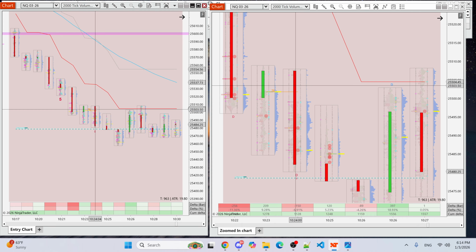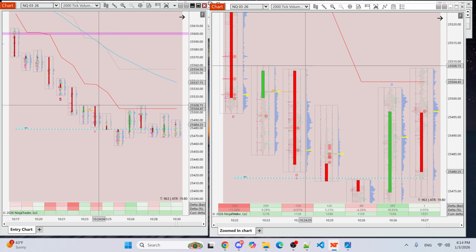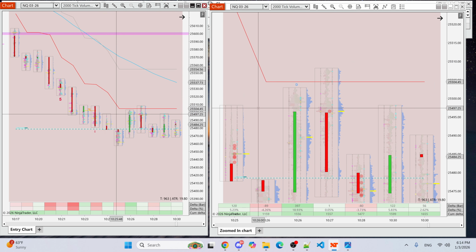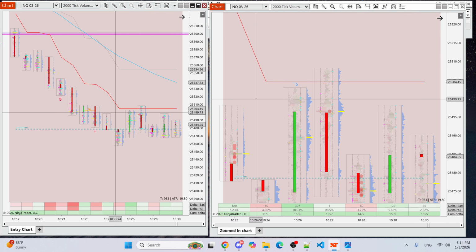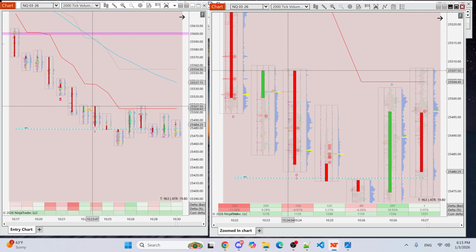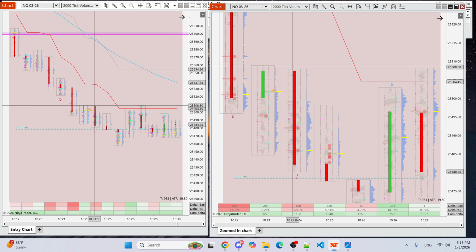If there is imbalance on the top of the bar, in our zoomed in chart, it will indicate that buyers will tend to come back to the level.